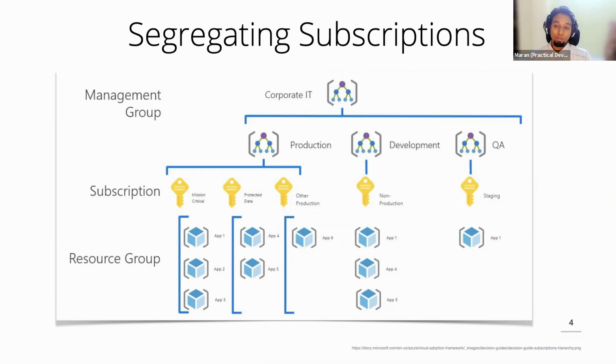Now, in our experience working with customers, if you're a small, medium enterprise, you're probably going to have one management group under your tenant. And because you cannot afford to purchase multiple subscriptions to manage your billing, you're probably going to have one management group called the root management group. And within that root management group, you're going to have development subscription, production subscription, testing subscription, and so on.